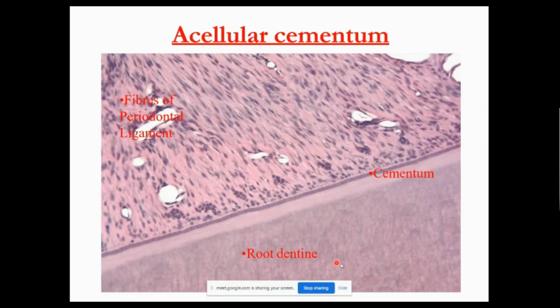So this is the radicular dentin or the root dentin. This is the periodontal ligament fibers. And this layer here is your cementum, this thin layer. If you notice, there are no cells present, and that is why it is called acellular cementum.